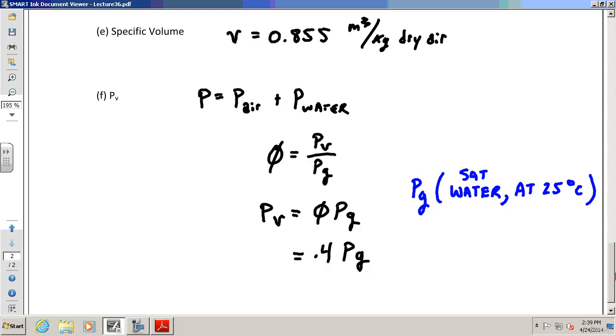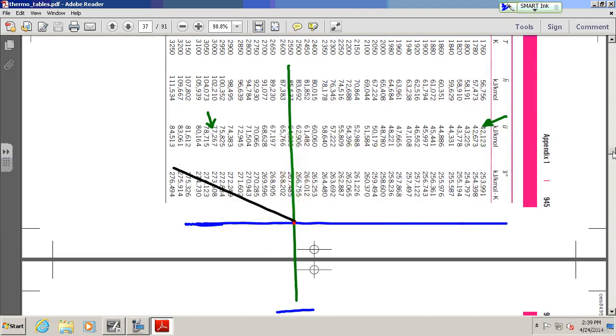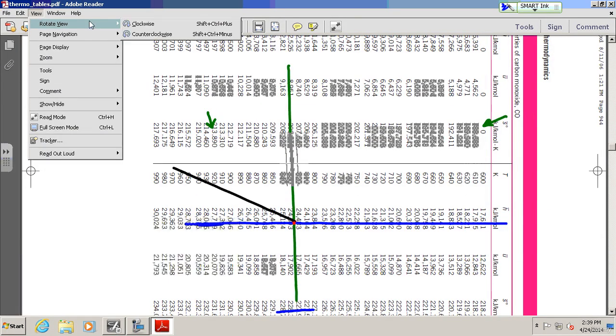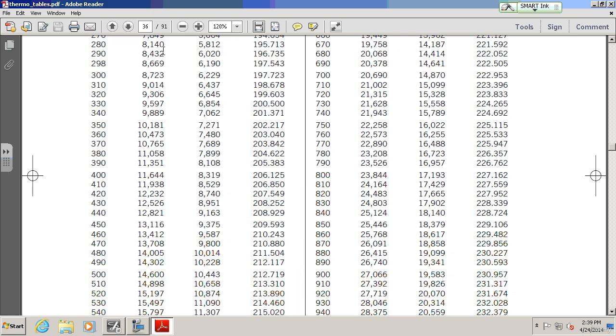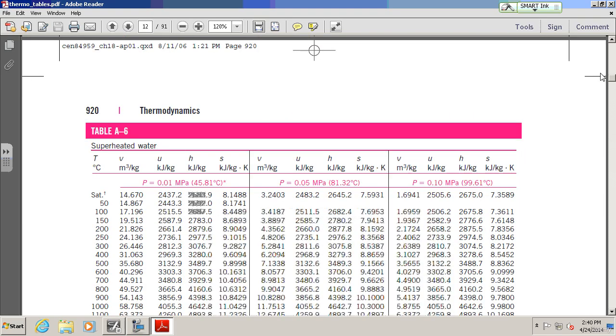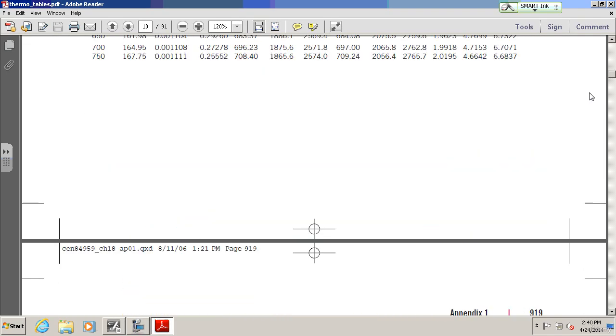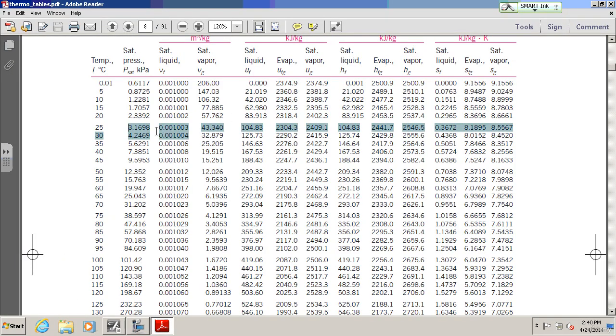So you go back to your tables, the standard saturated water table. Oops, now I have to rotate my view back. I have to erase all my stuff. You go back to the good old standard saturated water table, and you go to 25 degrees Celsius. Saturated water at 25 degrees Celsius has a saturation pressure of 3.1698.